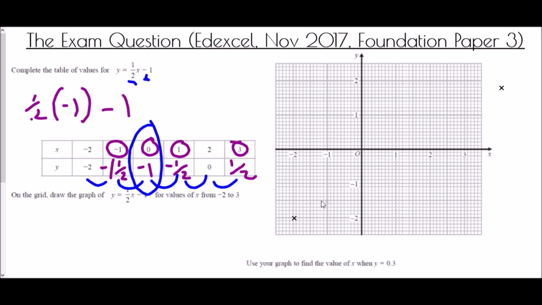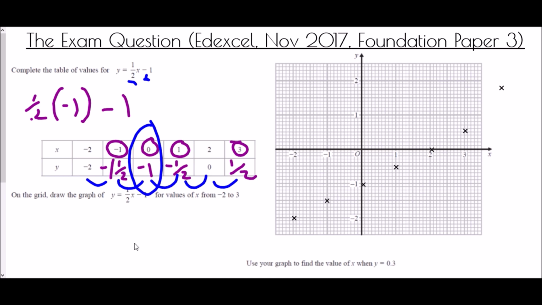So that's going to be halfway in between the -1 and -2. We're going to have 0, -1. We're going to have 1, negative a half. We're going to have 2, 0. And we're going to have 3, a half.